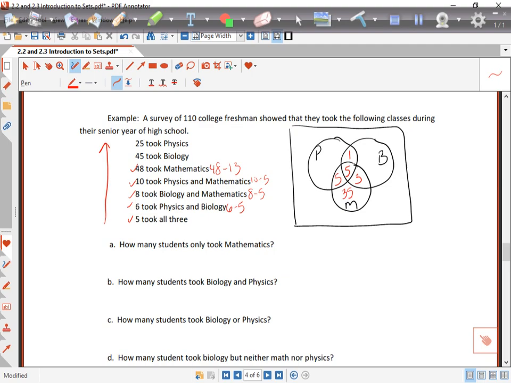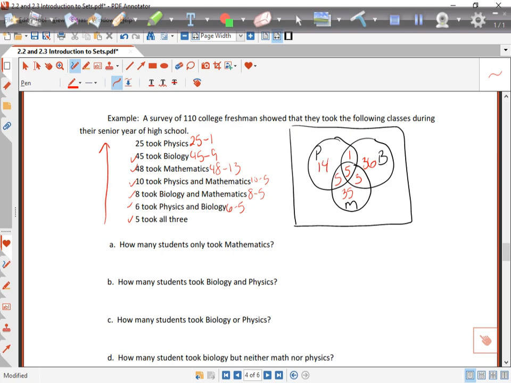The biology circle should add up to 45. We've already used up 9, so 45 minus 9 is 36. And then the last one, the physics circle should add up to 25. We've already used 11, so 25 minus 11 gives us 14.